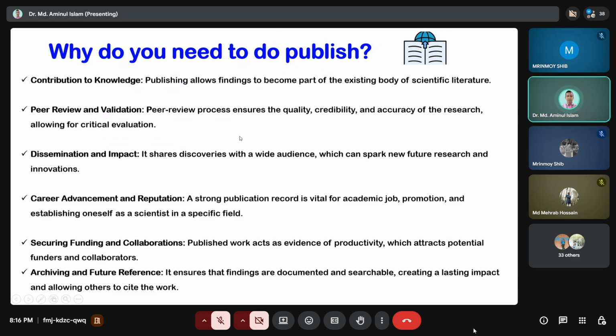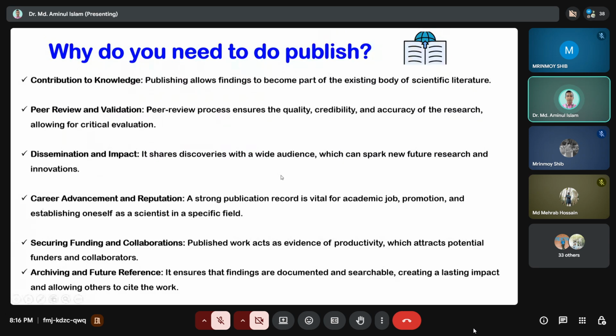Peer review and validation, because before publication, your work will be reviewed by experts in your field. Then career advancement and reputation. A strong publication record is vital for academic job promotion and establishing oneself as a scientist in a specific field.